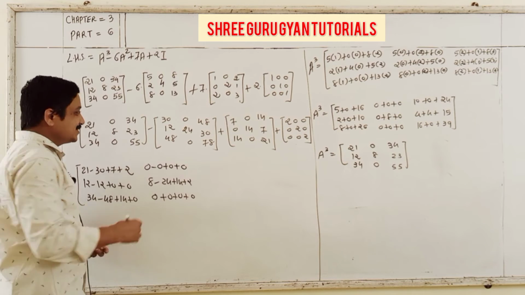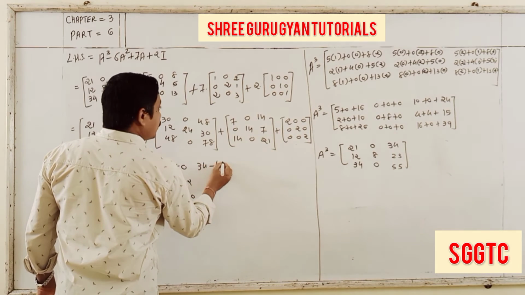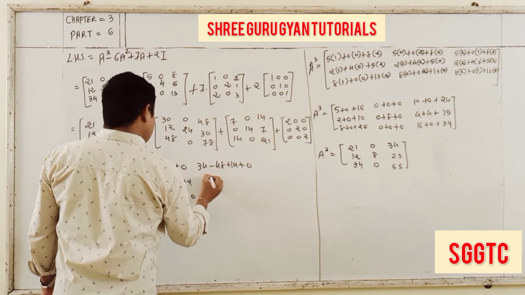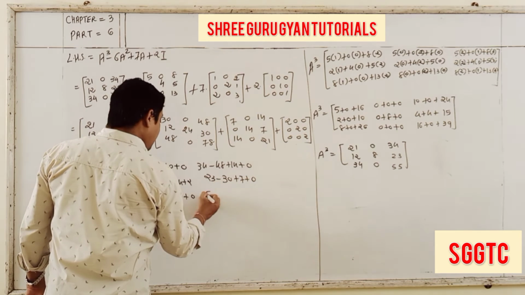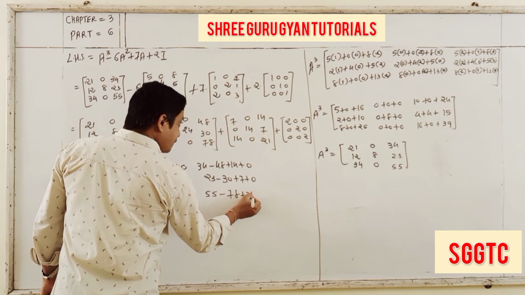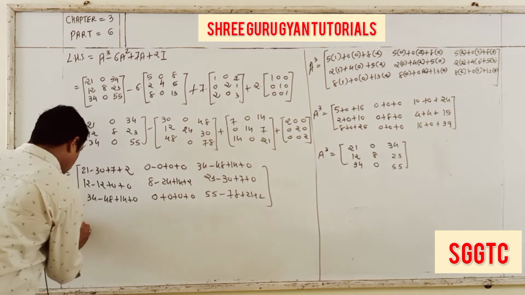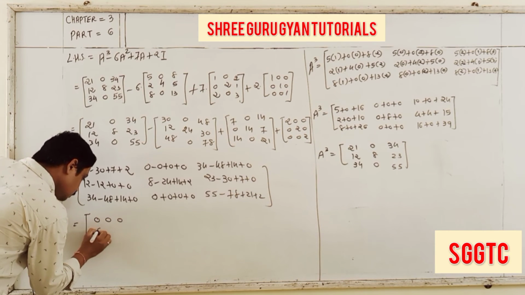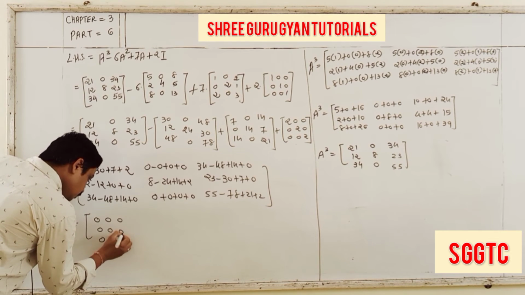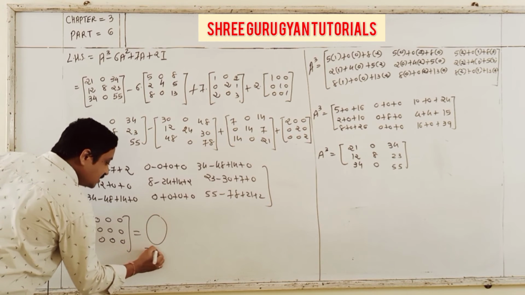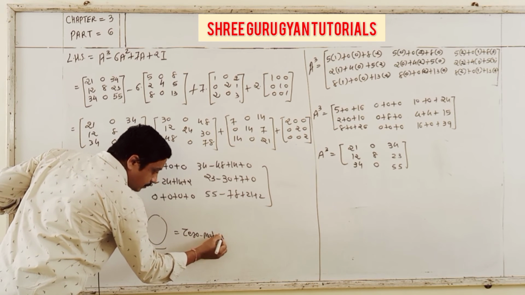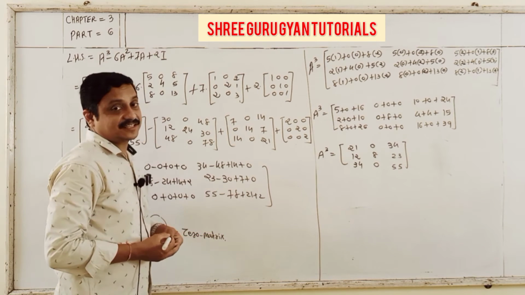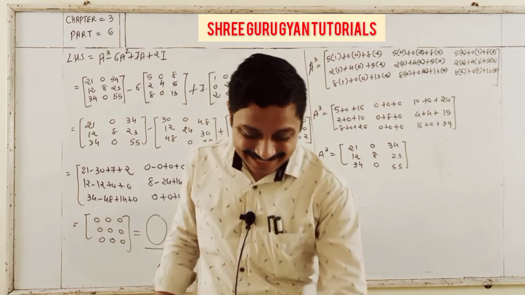Finally ones and zeros, and 34 minus 48, but you dictate the steps because the question says prove, so you can't directly write it down. Okay? Here all your elements are used. So I will write down it is a 0 matrix. And here your RHS students has been easily done.